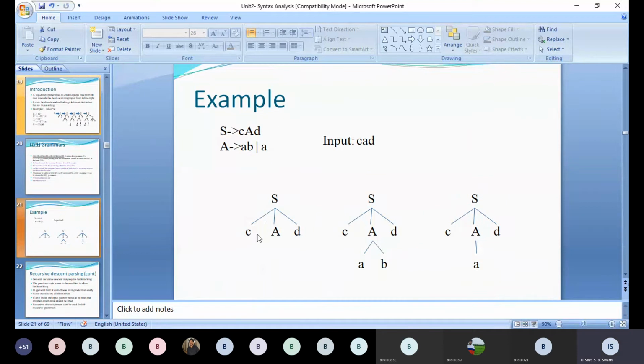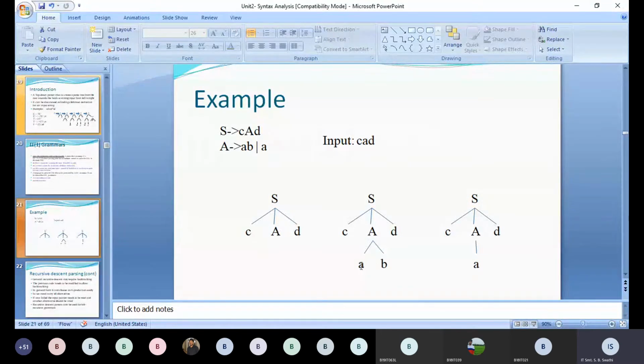Like we have seen here, our current symbol is C. For this, the next symbol will be capital A, a non-terminal. And the follow of any variable can be either a terminal or a non-terminal.